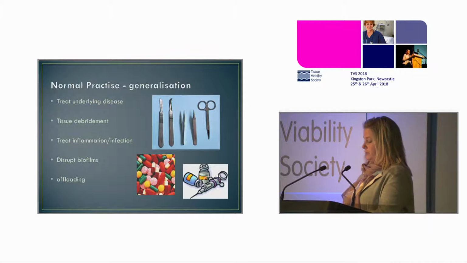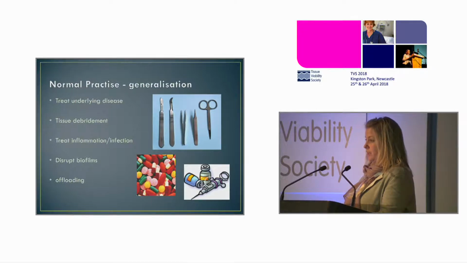So the normal practice for an at-risk foot, and this is a vast generalisation, is treatment of the underlying disease, so revascularising the foot if needed, tissue debridement, which is likely to be surgical if it's that serious, treatment of the inflammation and infection by doing a deep wound swab, x-rays, and antibiotics, disrupting the biofilm and offloading.